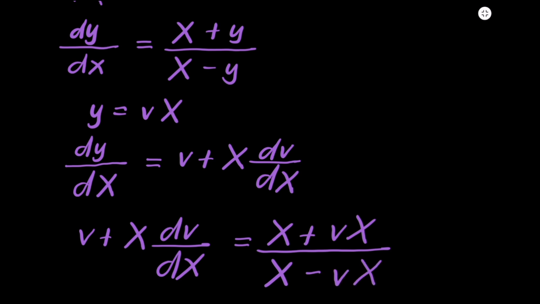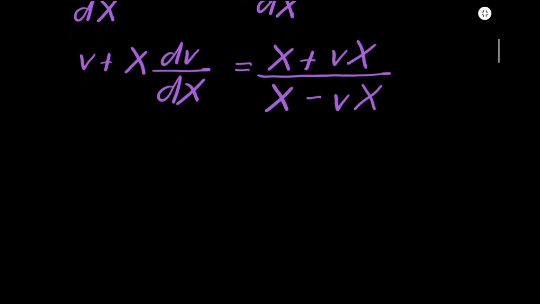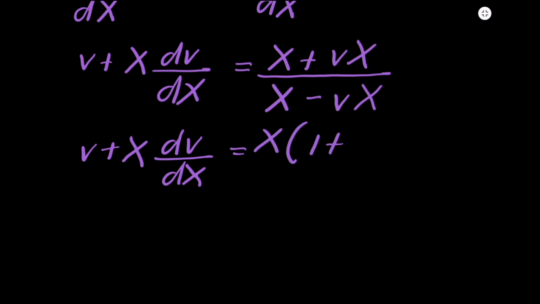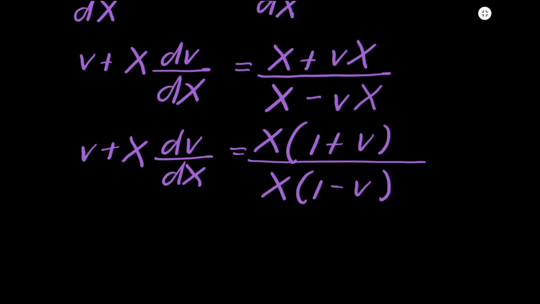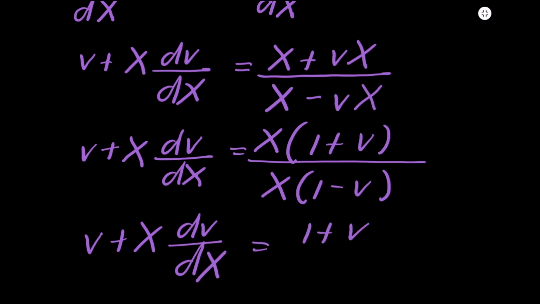So we can factor out X in the numerator and the denominator. So we have v + X dv/dX equals X times (1 + v) all over X times (1 - v), right? And eventually we can cancel out X. So we have v + X dv/dX equals (1 + v) over (1 - v).